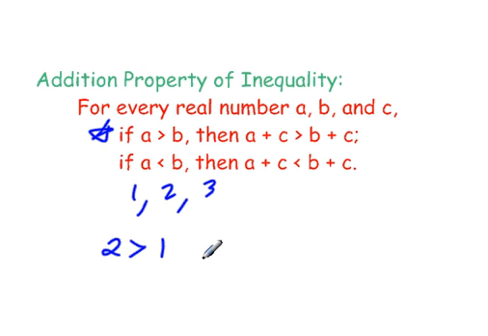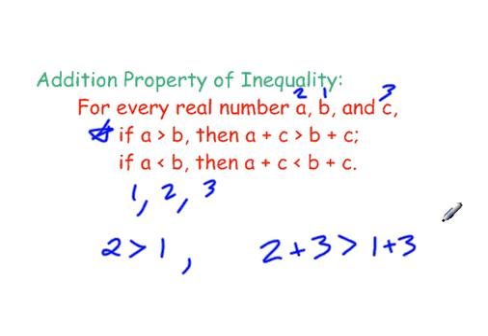Then if we said this was 3, we're calling this 1 and this 2, then plugging it in right here, we would have 2 plus 3 would be greater than 1 plus 3. I think we can all agree that 5 would be greater than 4. And that's just a simple explanation about how to plug that in.